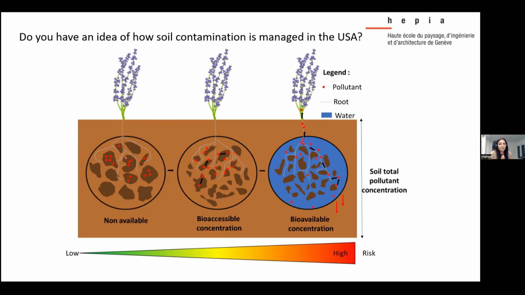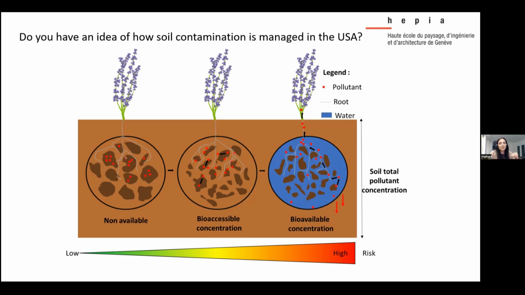If the contaminant is present in the soil matrix but is bioaccessible, we face a moderate risk. Now, we can transfer this contaminant by the food chain. However, if the pollutant is present in the soil water, we face a major risk since it's directly accessible to plants and can infiltrate our drinking water.